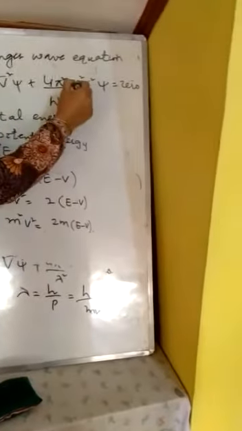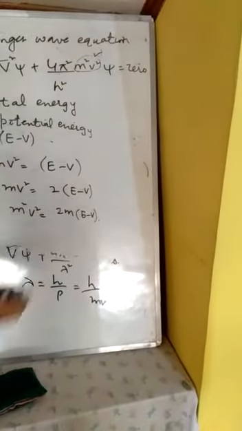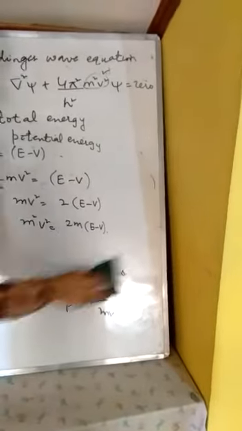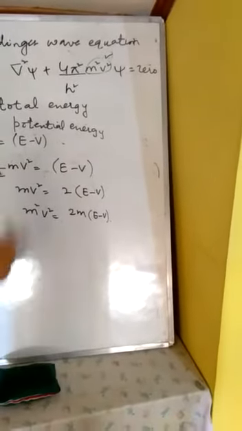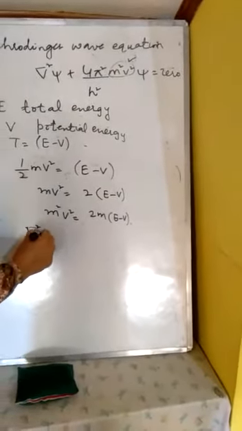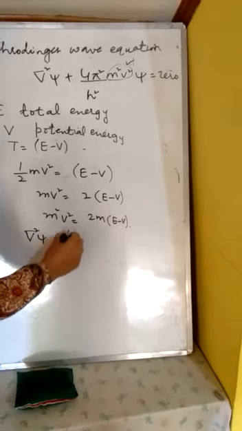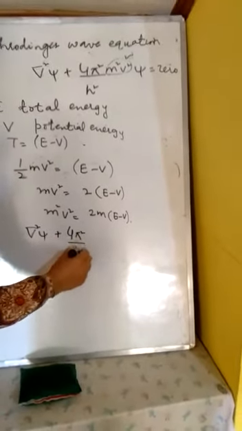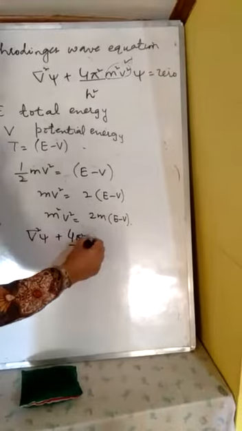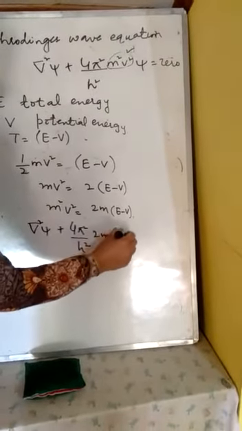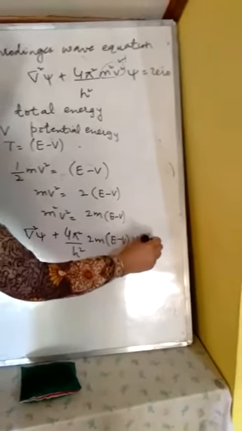We get this factor here, m square v square. That's why we are interested in this kind of exploitation. So del square psi plus 4 pi square by h square, for this I can write 2m times E minus V, psi is equal to 0.